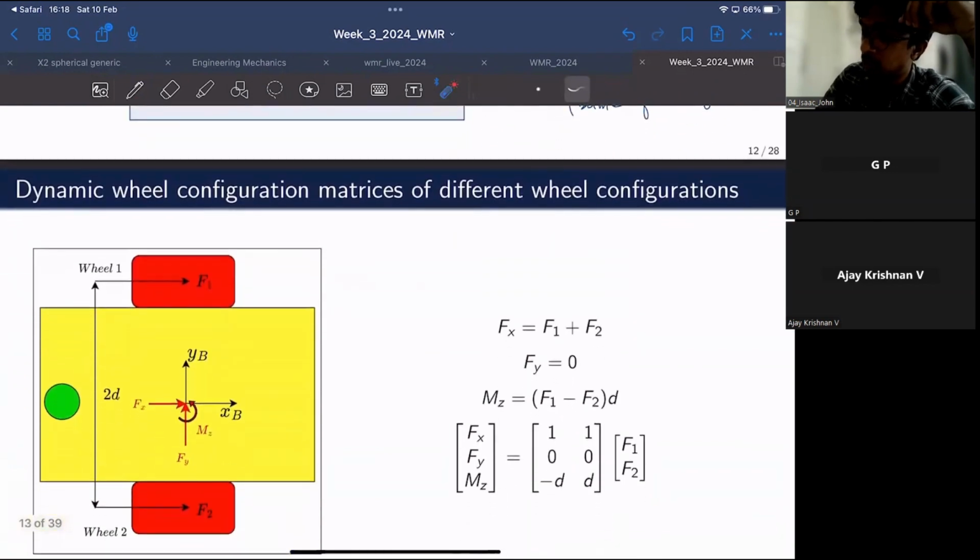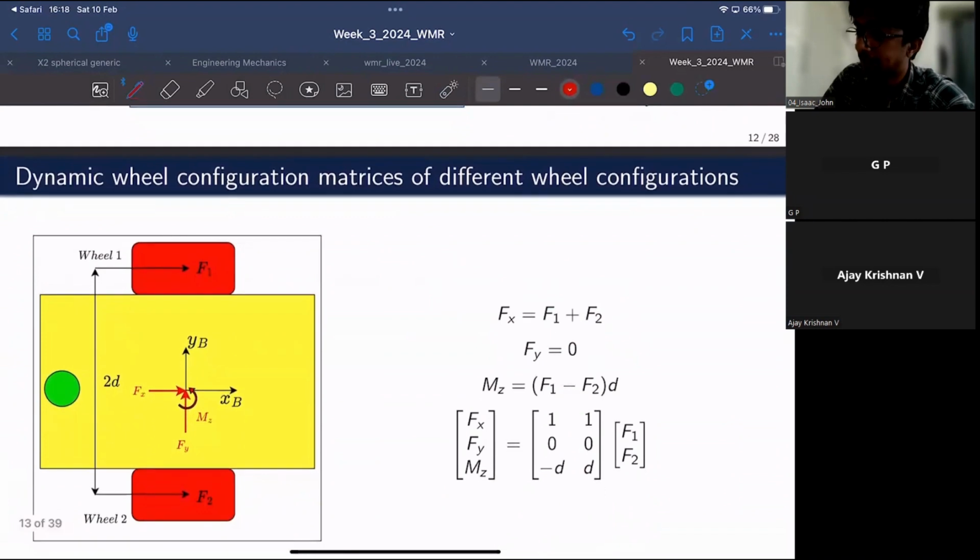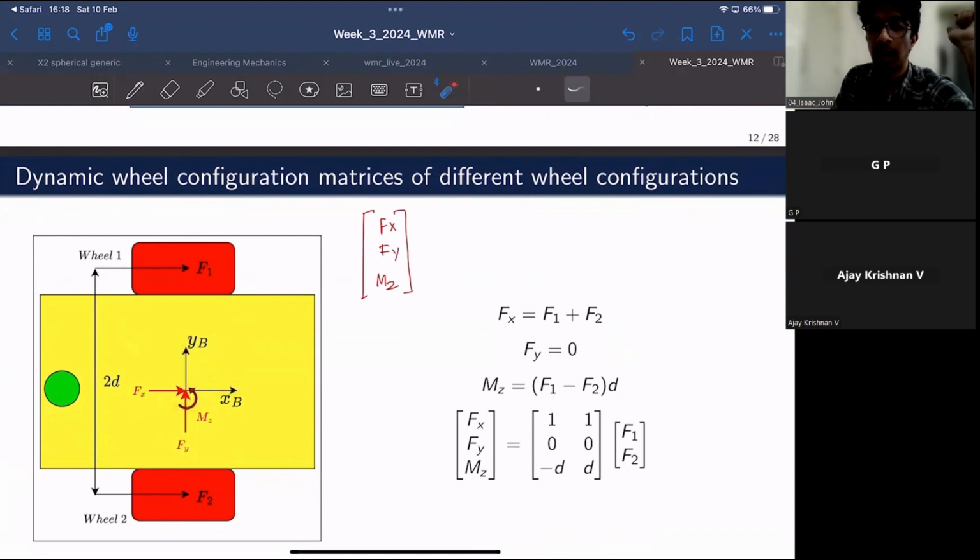The coordinates we are dealing with until now are fx, fy, and mz, mostly the forces along the xb and yb axes and the moment about the zb axis. And just like how we mapped this u, v, r to the angular velocities of the wheels, we would like to map these vectors of forces and moments to the actuation inputs, the torque or forces supplied to each of the wheels.